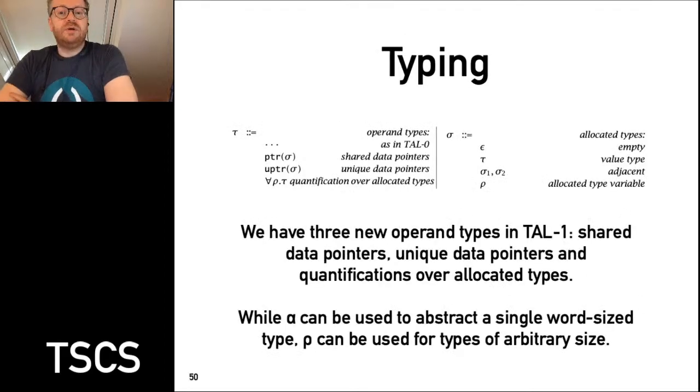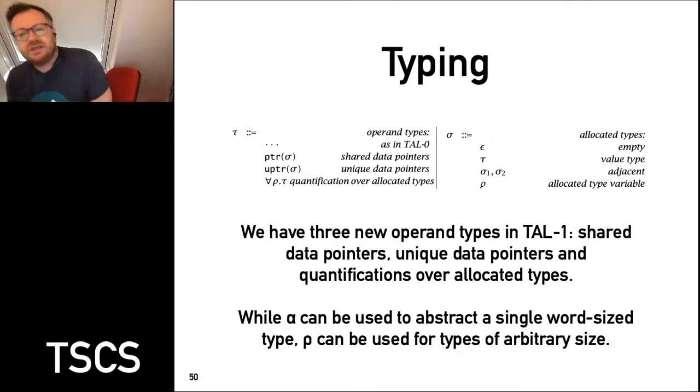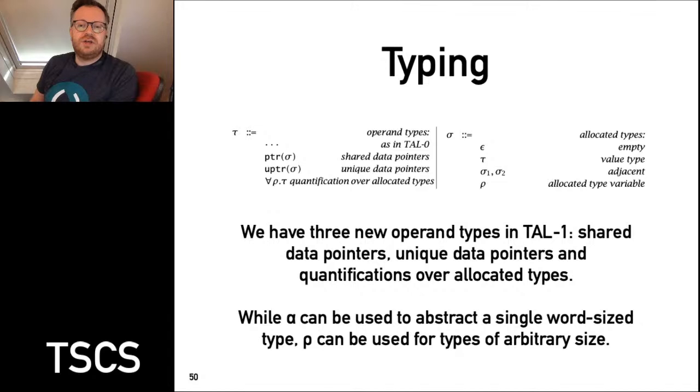Typing is very straightforward. If you understood tile 0 typing, tile 1 typing is pretty straightforward, because you just have 3 new operand types: the shared data pointers, the unique data pointers, and a quantification over all allocated types. So basically the same as the code typing before, but now for this code allocation typing.